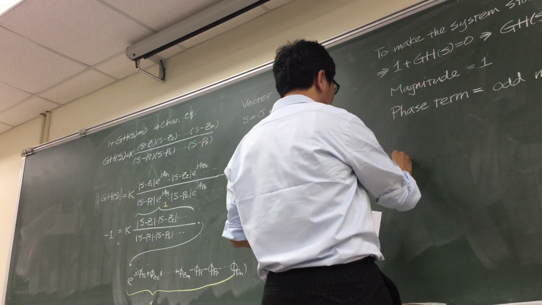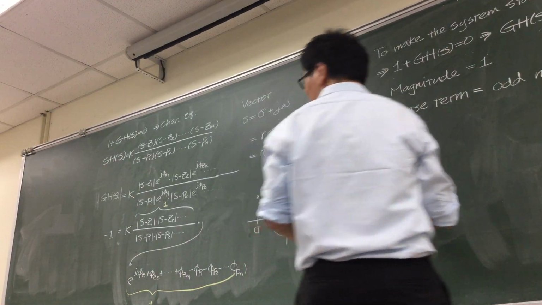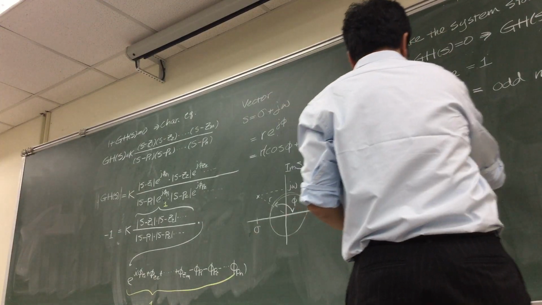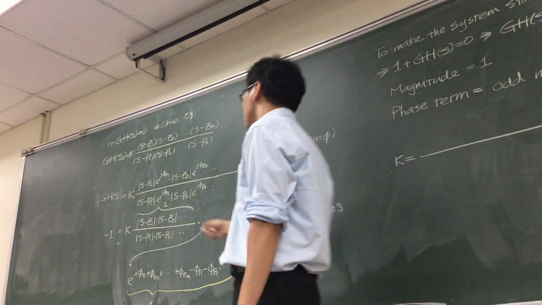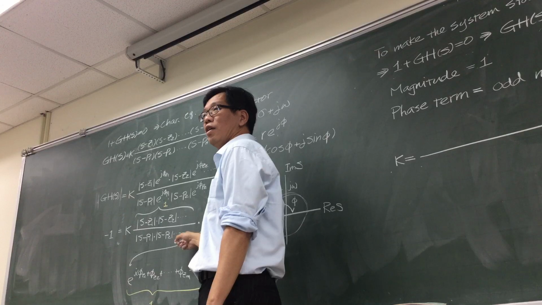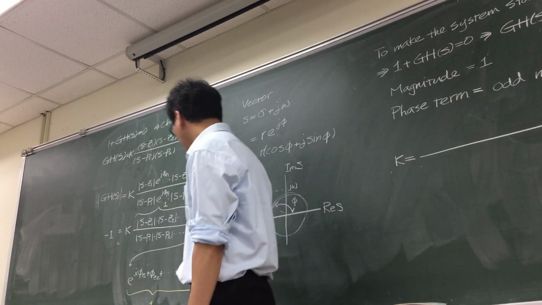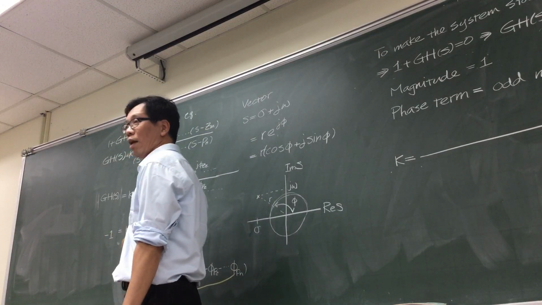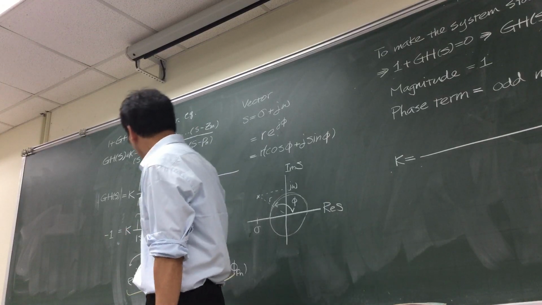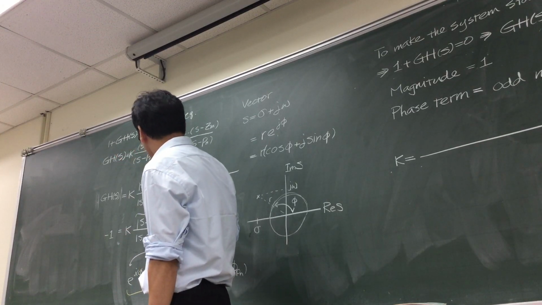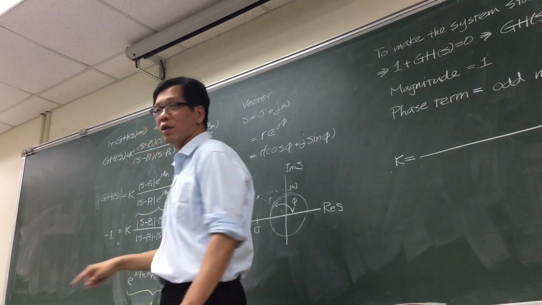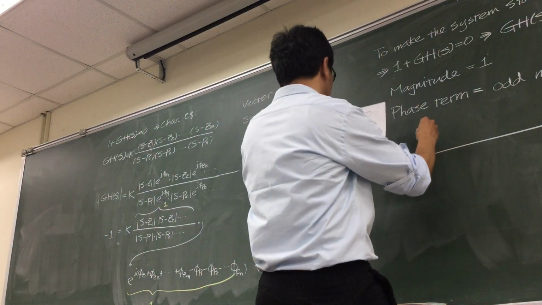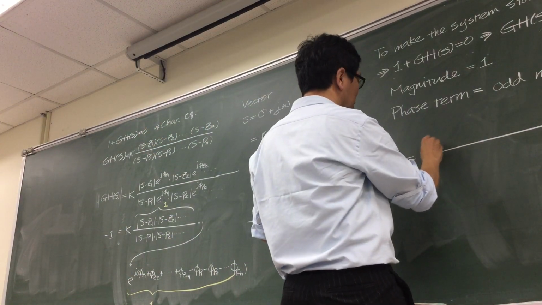That means K of the overall system is going to be the inverse of this thing. Make sense? This is 1, this is 1, so K can be obtained by putting this one in the denominator, in the numerator, and this part in the numerator, in the denominator.